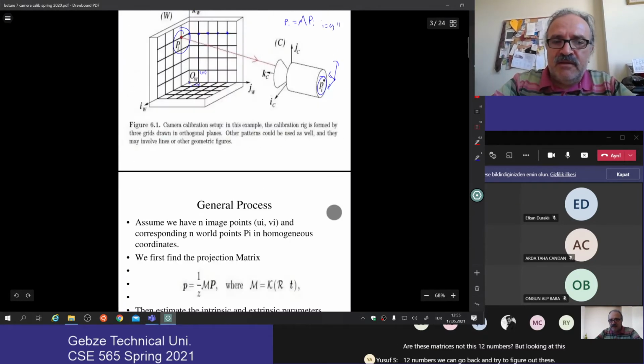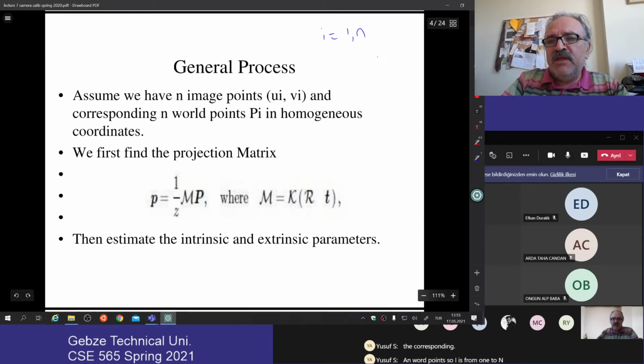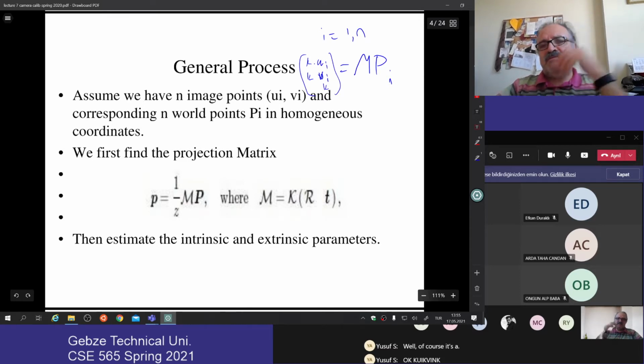Okay, good. So that's what we are saying. Assume that we have n image points, ui and vi, and we have the corresponding n world points, so i is from 1 to n. For each Pi, I multiply with M, I get the vector ui vi, well, of course it's k ui, k vi, and k in homogeneous coordinates.